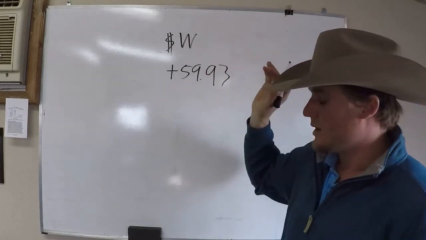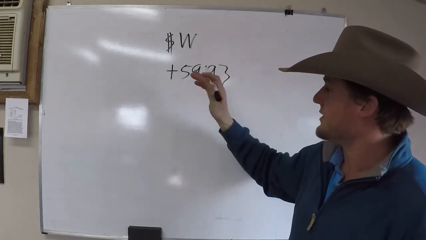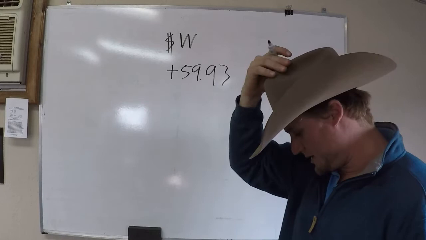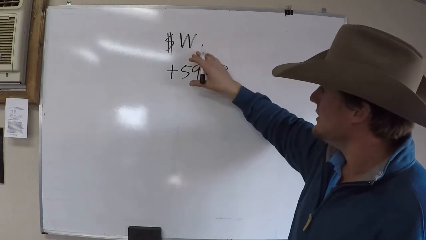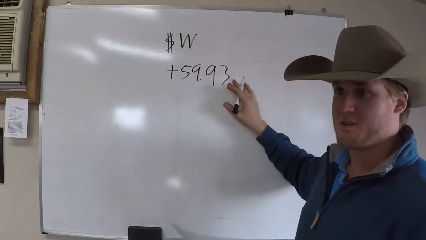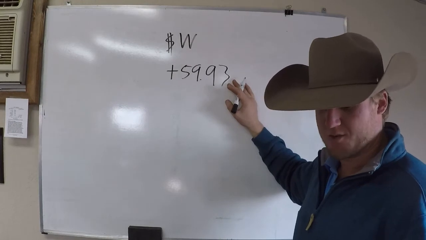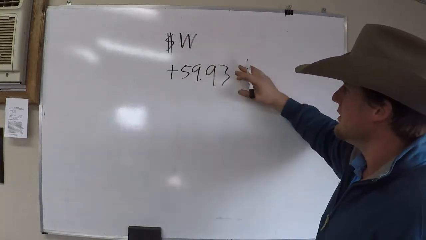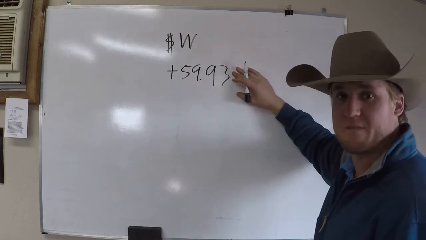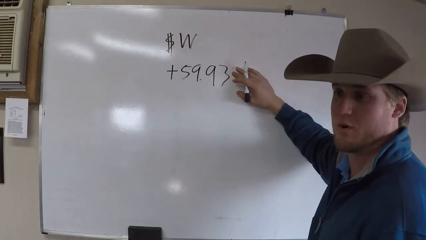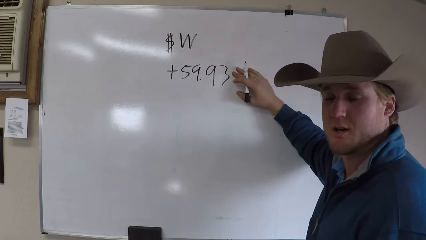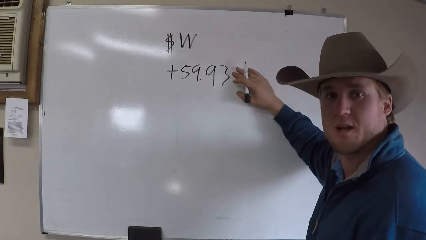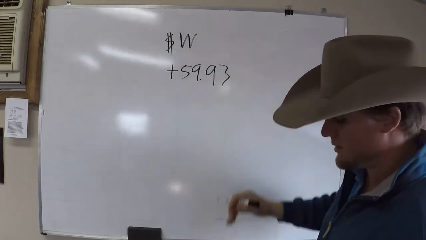All these dollar values are in dollar amounts. They're saying at weaning, $W is going to be worth $59.93 more than the average calf in an Angus herd, right?